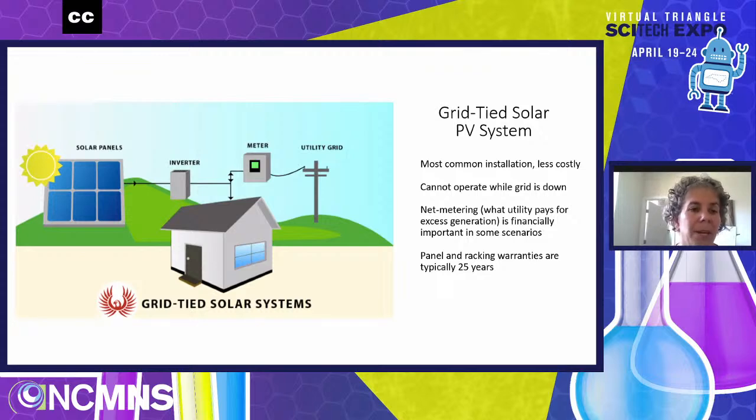Those electrons are being gathered up into the form of electricity. That electricity is in the DC or direct current form, which cannot be used by buildings. So that DC electricity runs through an inverter, which then converts it to AC electricity that can be used by your home, your school, or your work office.